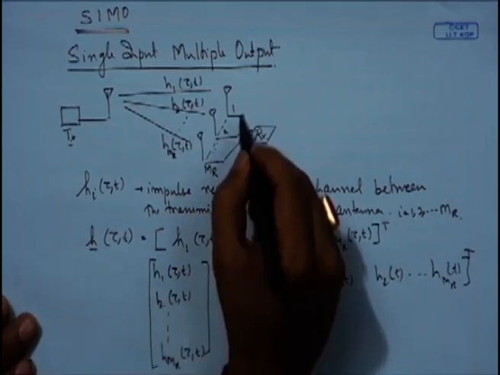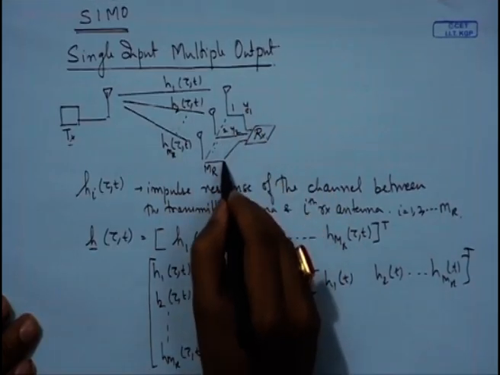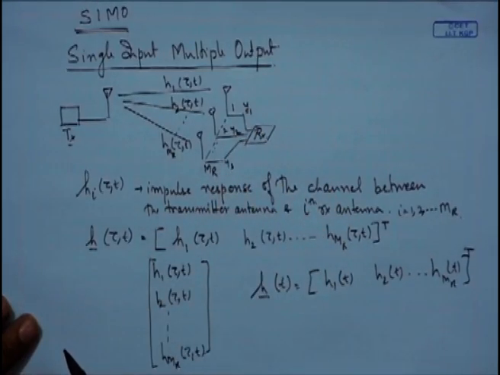And the received signal, so what we are going to get here is y1, y2, y3. This is what we are going to receive.